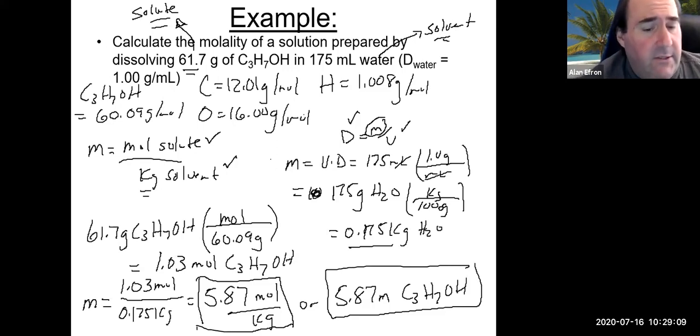Molality is used a lot in colligative properties, things like boiling point elevation and freezing point depression. So we definitely will see this show up a little bit more in a later chapter. Again, maybe it's not 11, maybe it's 9 or 10. One of those, I think, is the right chapter. Any questions on that?